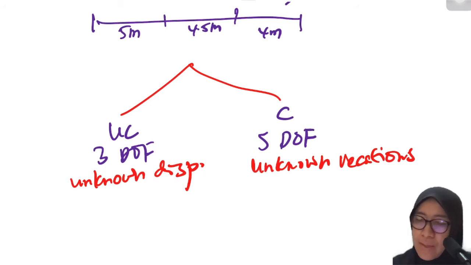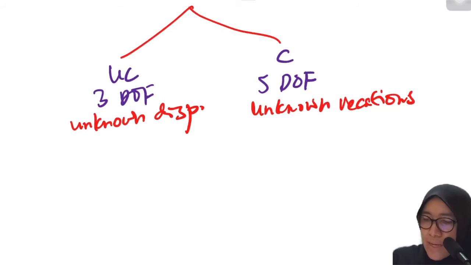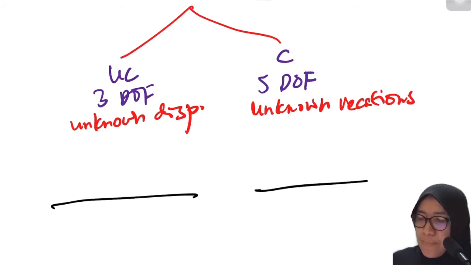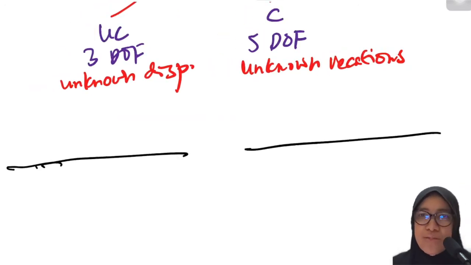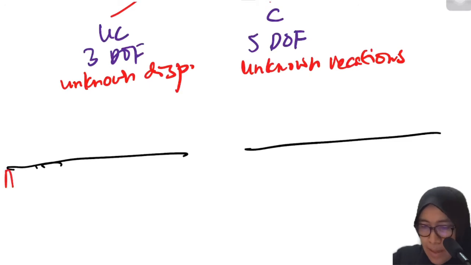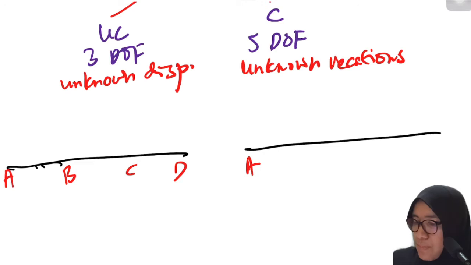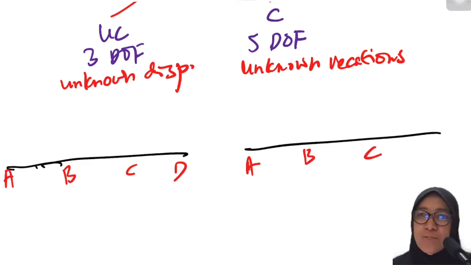So we will label the degrees of freedom. I will sketch the beam only, labelling A, B, C, D, just to guide us how to label the degrees of freedom.